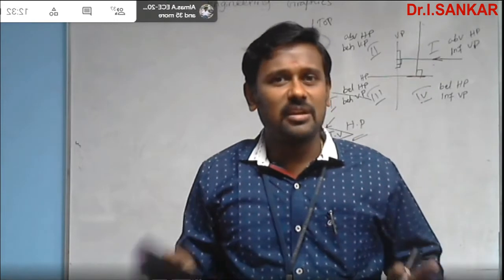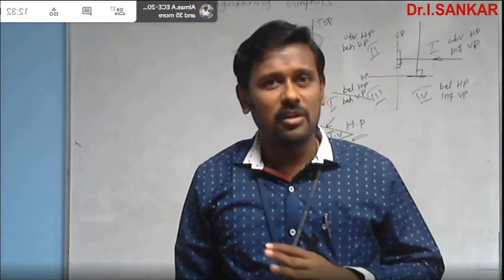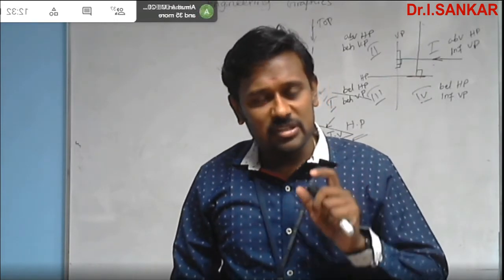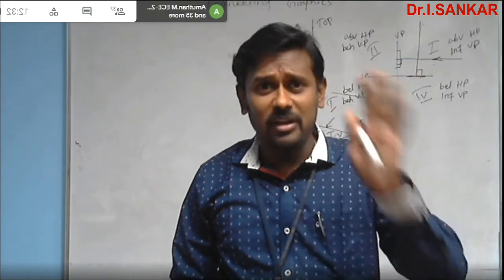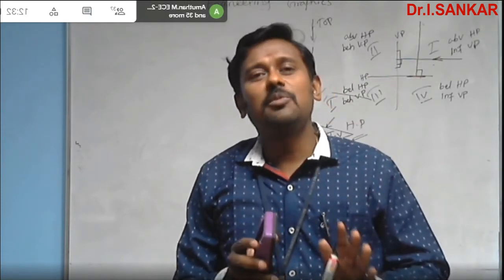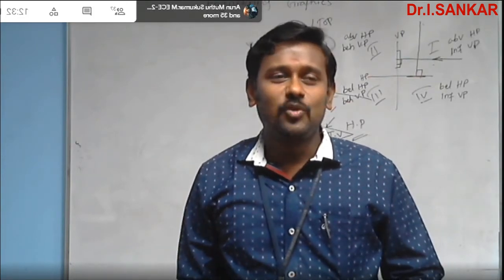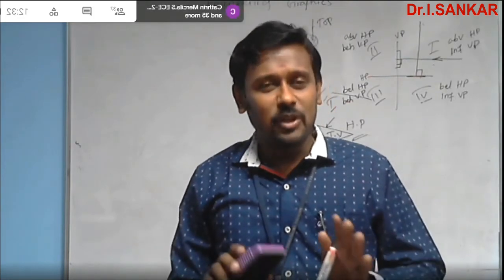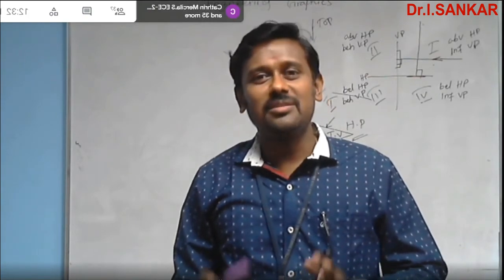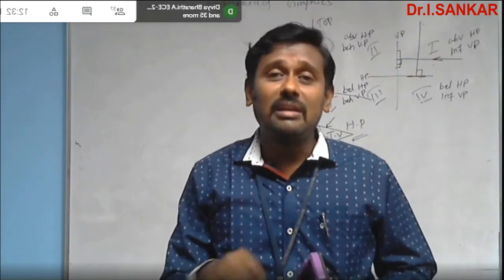In engineering graphics, particularly in the orthographic concept, 50% of the work has to be done with your brain itself, and the remaining 50% needs to be done on the paper. Both are important. Without imagination, without thinking, you cannot draw anything on the paper.